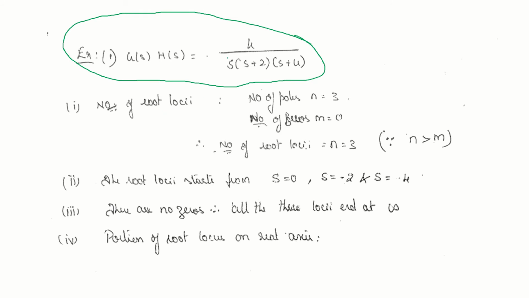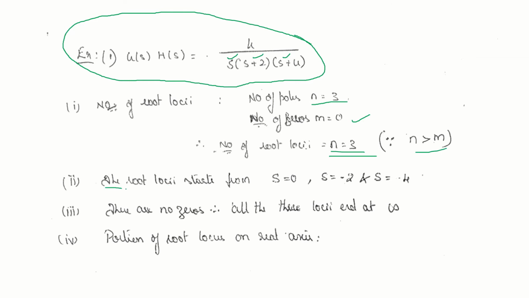We can very clearly see that there are 3 poles, n equal to 3. There are no zeros, m equal to 0. So the number of root loci is equal to 3, because n is greater than m.